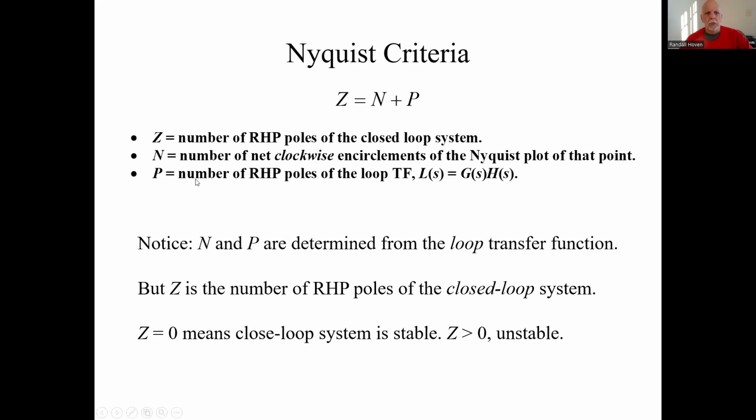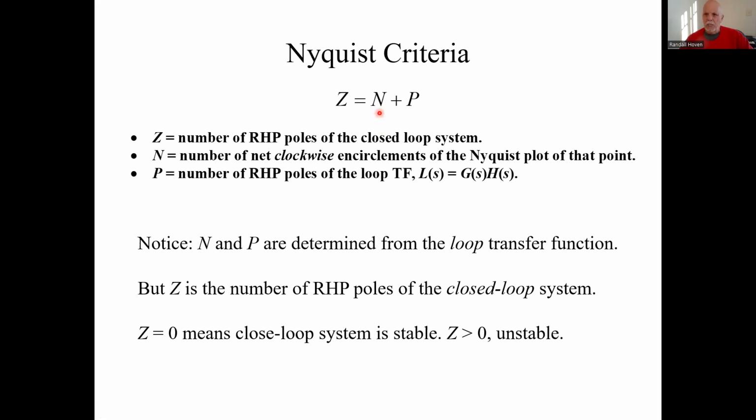P is something we can determine from the loop transfer function without even doing the Nyquist plot. It's how many poles the loop transfer function has in the right-half plane. We get that just from the algebra of the loop transfer function's denominator.